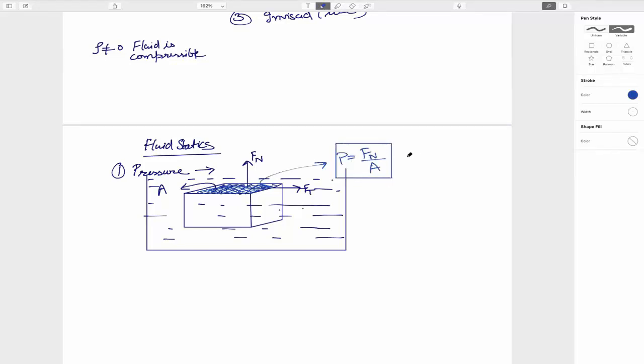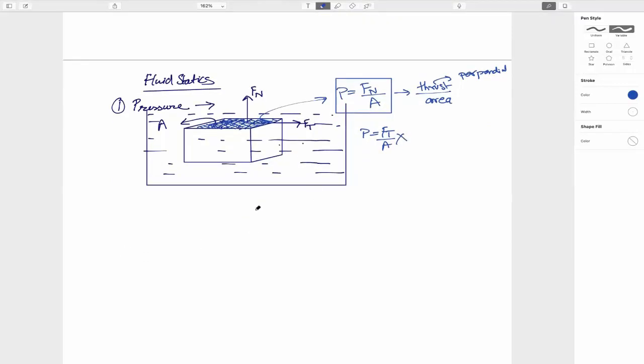Pressure is also defined as the thrust per unit area. Thrust is nothing but the force perpendicular to the area. So the pressure acts perpendicular to that area, but you cannot define pressure to be tangential force per unit area. Another fundamental thing about pressure is that it is isotropic.